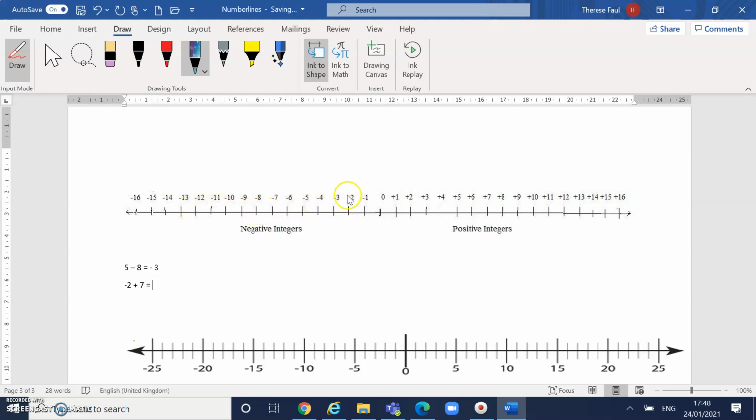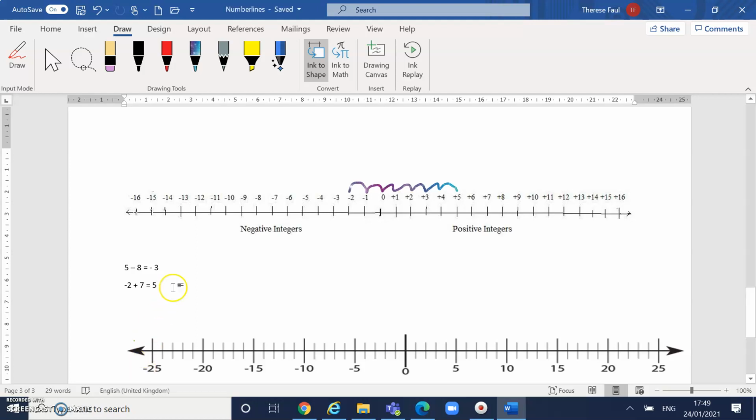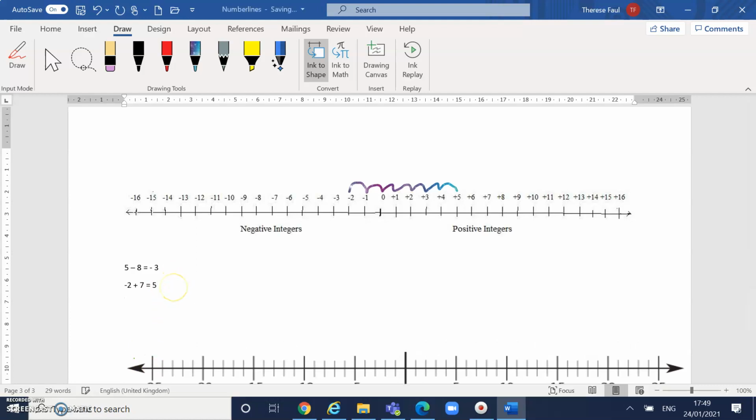Your negative 2 is here, and we're adding 7 to it, so we're working our way up to the right hand side of the number line. 1, 2, 3, 4, 5, 6, and 7, and we end up at a positive 5. Is that okay? I put my answer down here. I don't need to put in the plus sign, because if there's no sign in front of it, we assume that it's a positive 5.